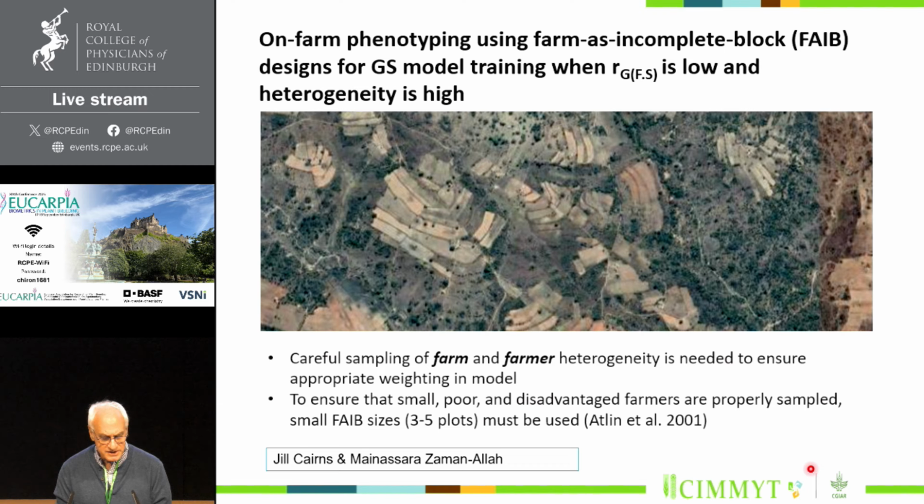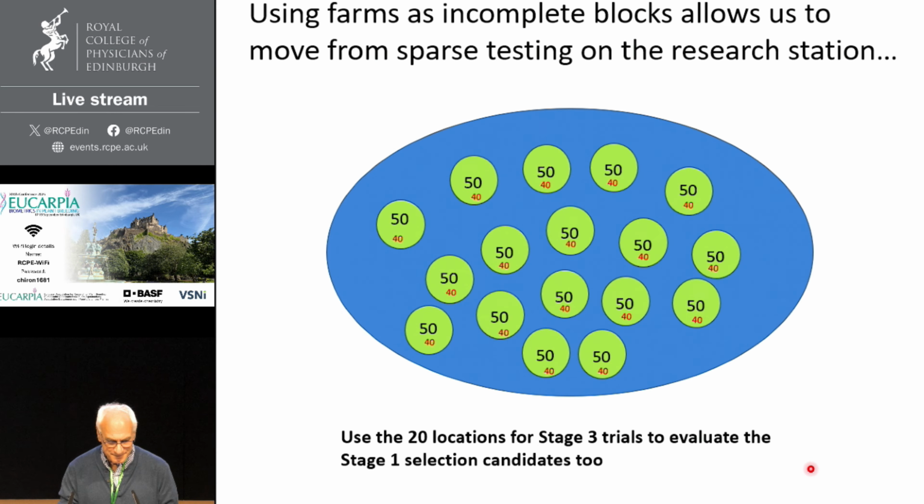But we found that trying to find farmers who can handle 10 or 20 plots means that you're excluding the poorest and most disadvantaged farmers. And so we've really moved to what I would refer to as farmers' incomplete block designs, where only 3 to 5 plots are allocated to an individual farm. And that's been fairly recently branded as the tricot approach, but it's been floating around for a long time.